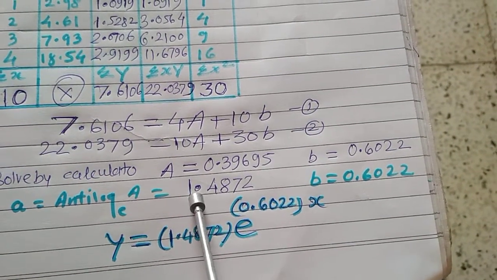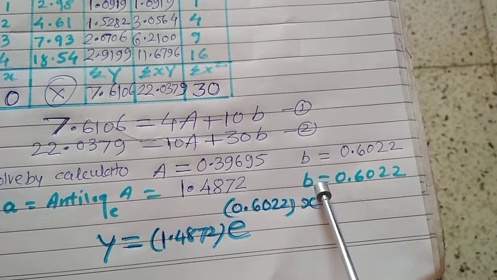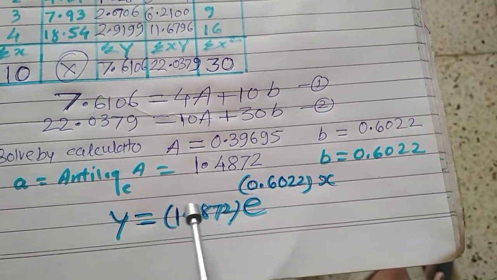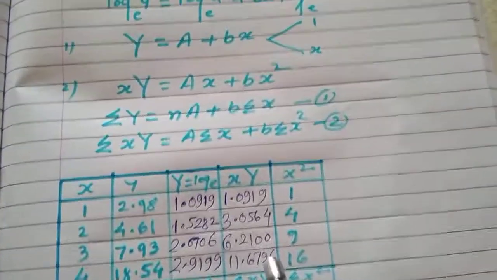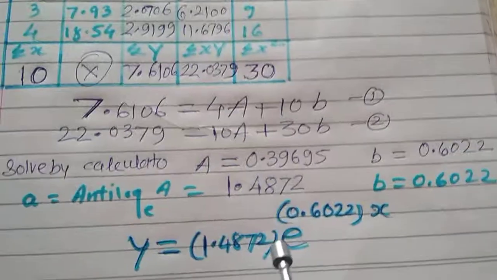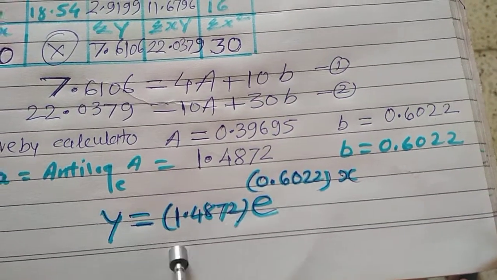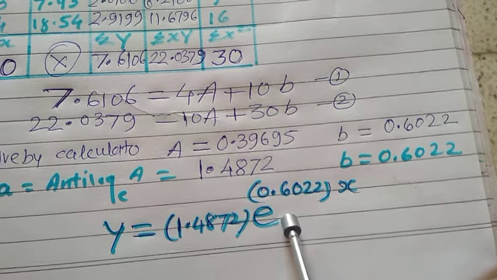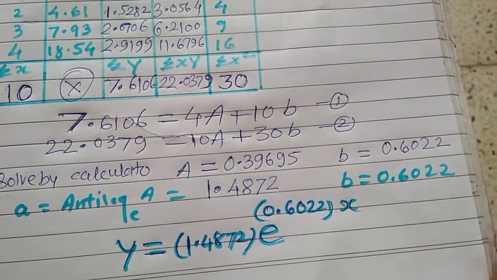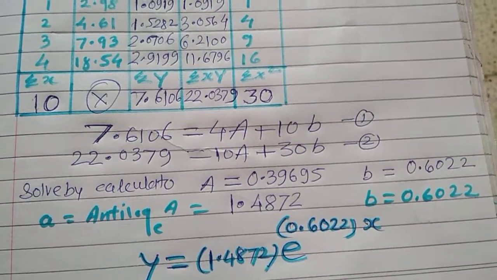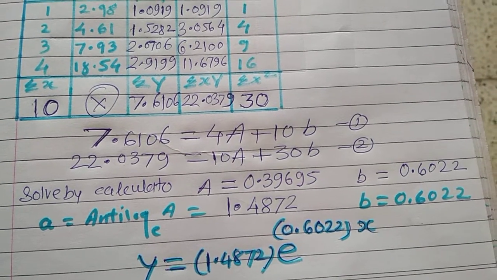And your answer is 1.4872, small b original answer. And in this way, when you take log to the base 10, your answer may differ by some value. So remember, this is curve fitting of exponential type. Thank you very much.